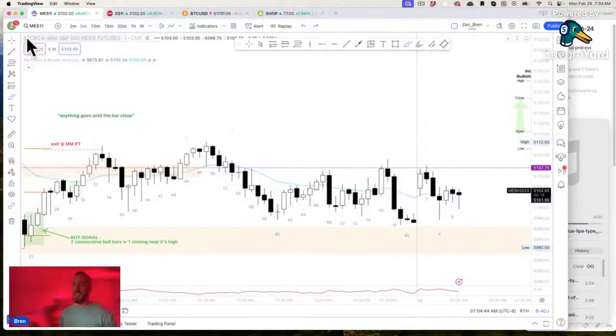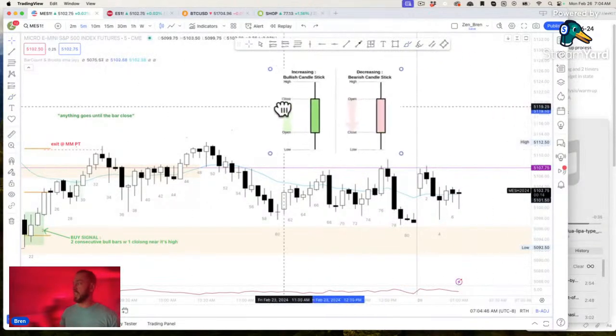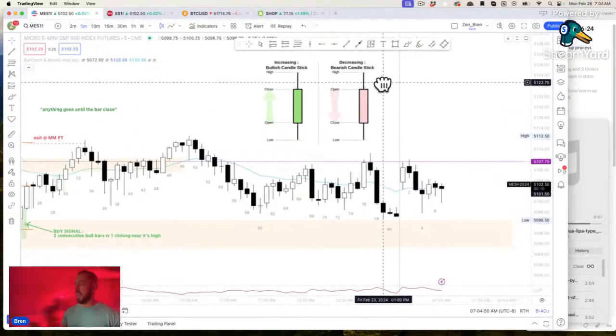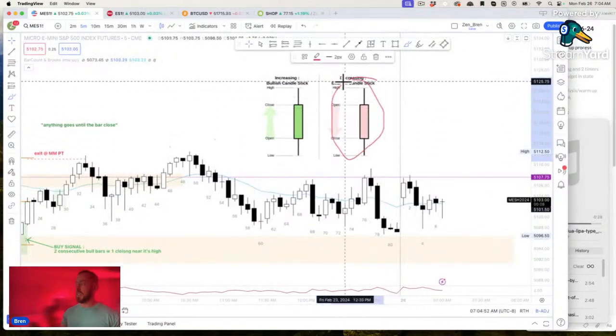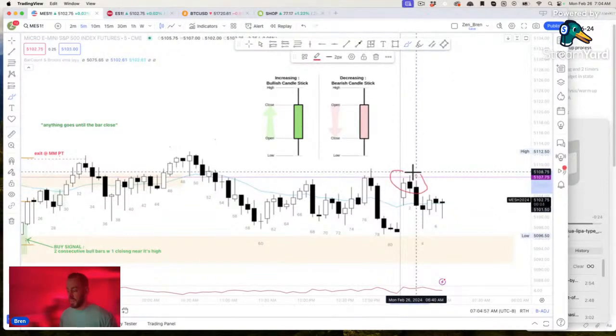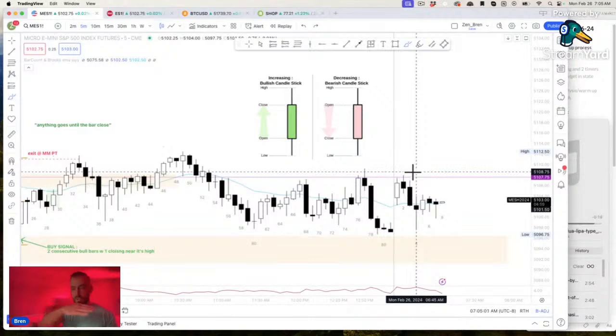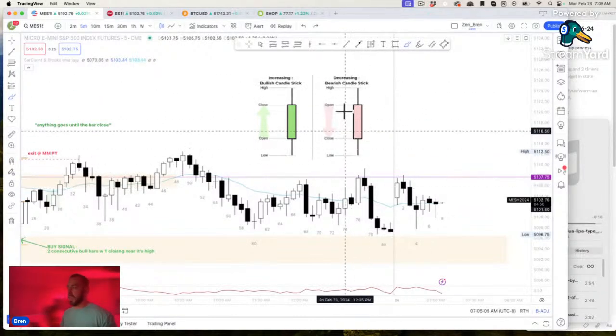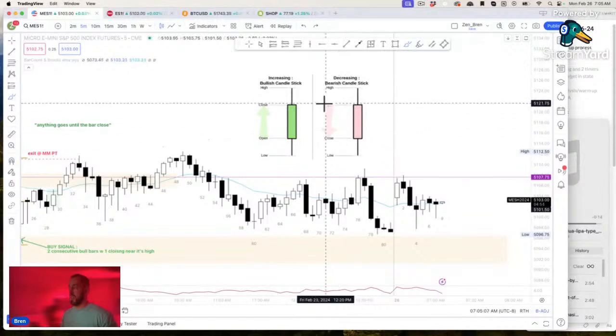If you're not familiar with candlestick charts, here's how it works, okay? The red candles on my chart are the black candles, okay? I like to keep it black and white because it helps keep my emotions level, okay? But this is how it works, right? You got high, low, open, close.